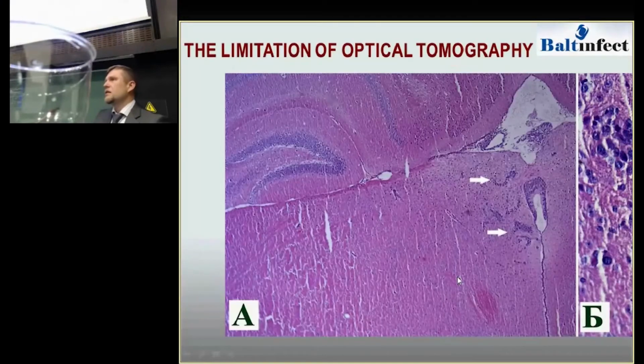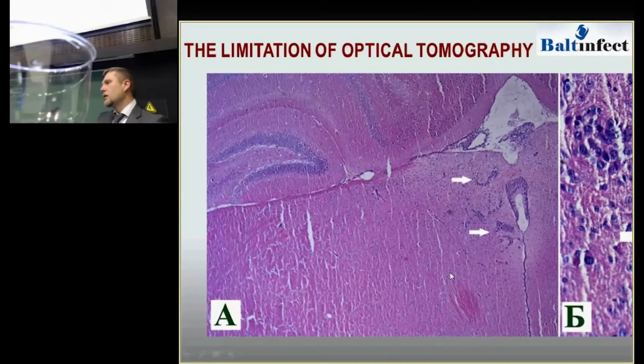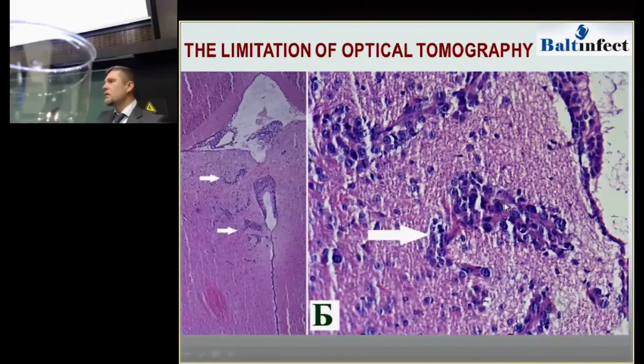But if the metastasis is small, you can see here it's just the initial level of brain metastasis. We've found this. Here you can see it's just a perivasal infiltration of carcinoma cells.